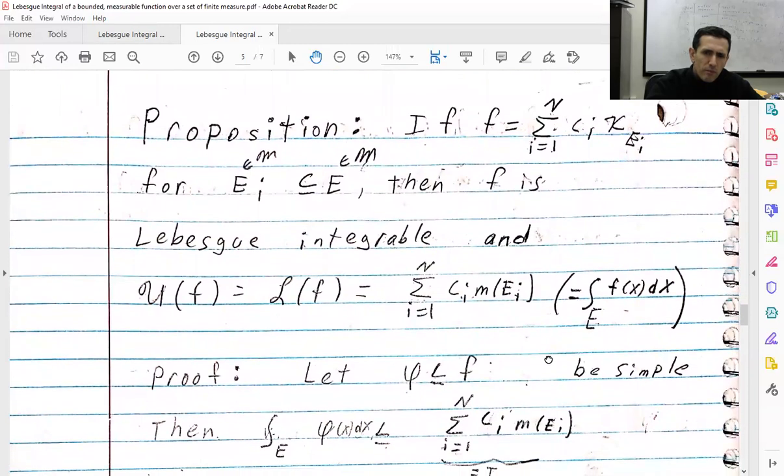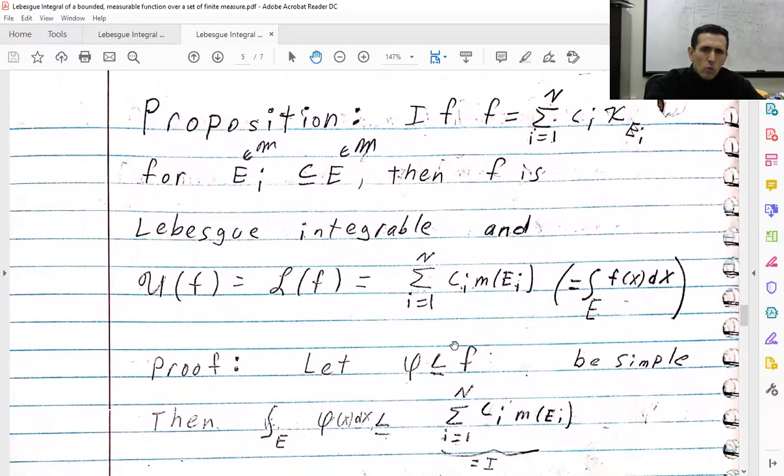Well, we know how to integrate simple functions, and we're integrating a simple function according to the previous definition of the Lebesgue integral of a simple function.